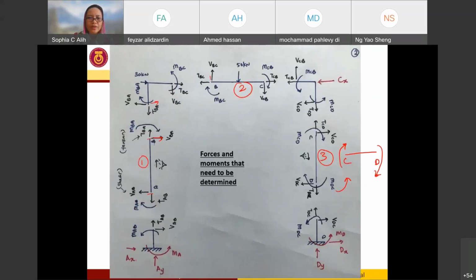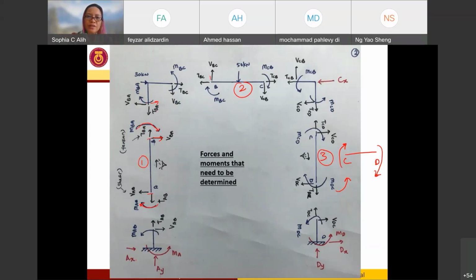Now, if I look into the equilibrium of the joint, I go back over here. If I have already calculated the end moment over here, I have my equation. To balance this end moment, which is in the clockwise direction, I need another moment at the other end of my joint.